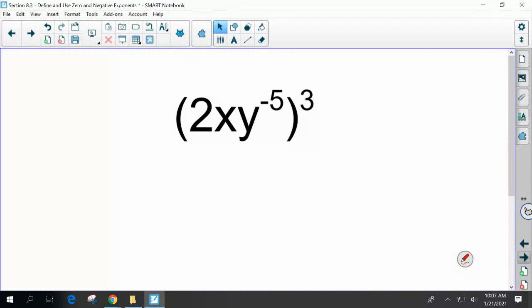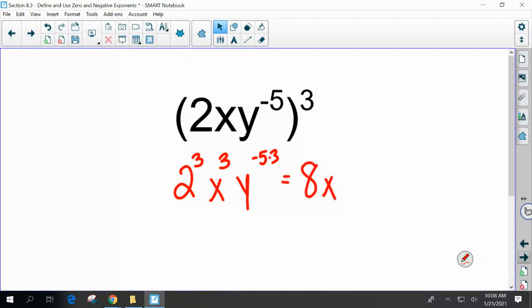Okay, so now we are going to combine power to a power. So here we have to essentially distribute the third power to everything. So 2 to the third power, x to the third power, and then y, and that would be negative 5 times 3 power. So I'm going to go ahead and calculate 2 to the third power, and that equals 8.